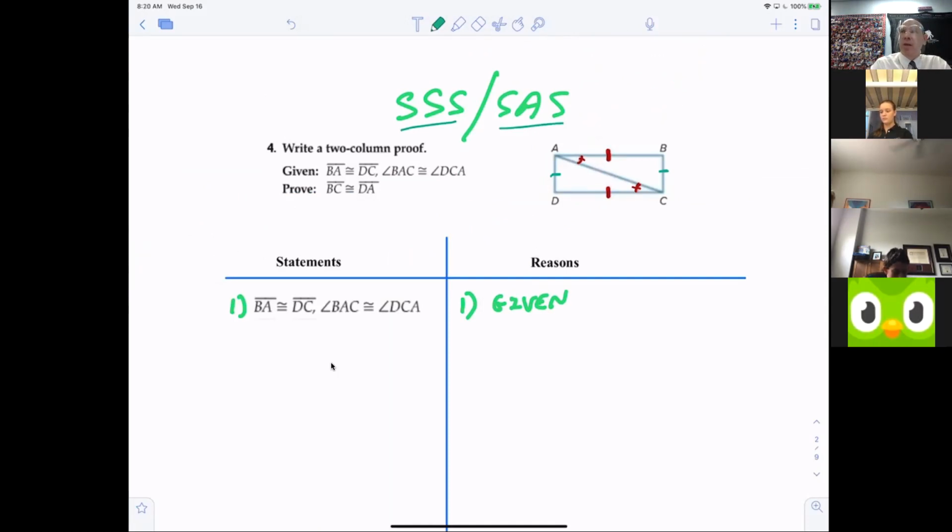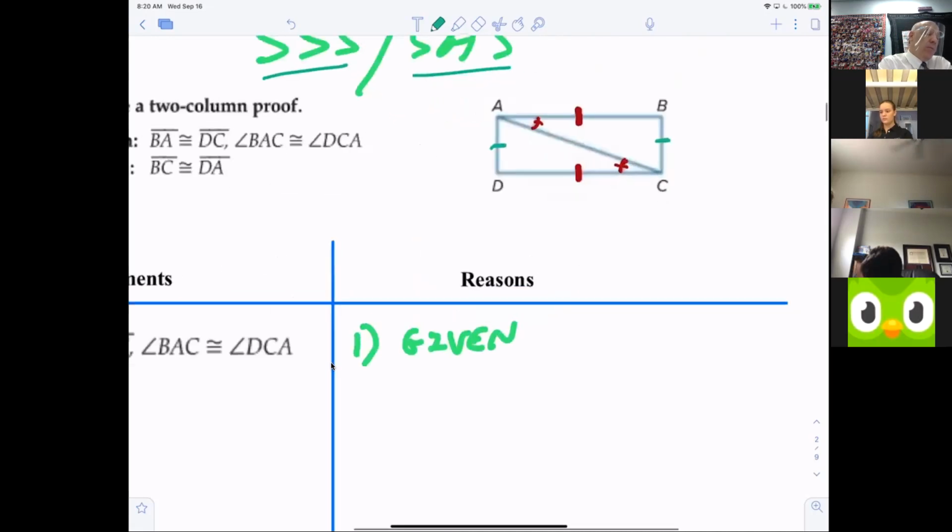So what could I say, AC bisect. Why does it bisect? Because the two angles are congruent. Bisect means that this angle would be equal to this angle. Reed, help me.